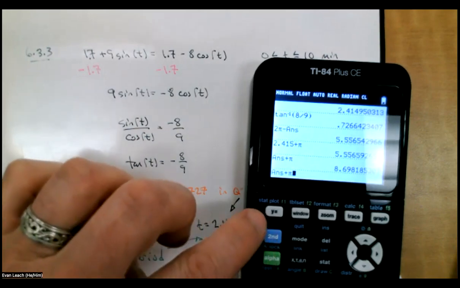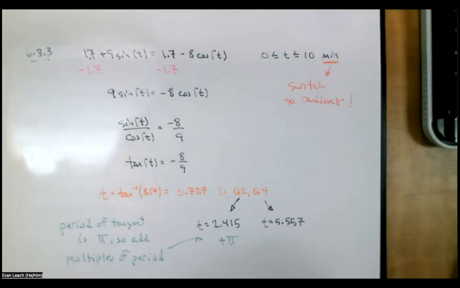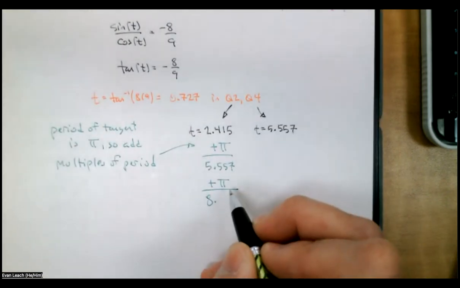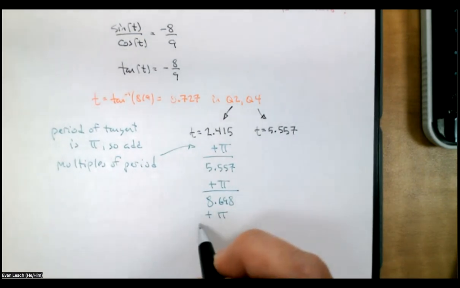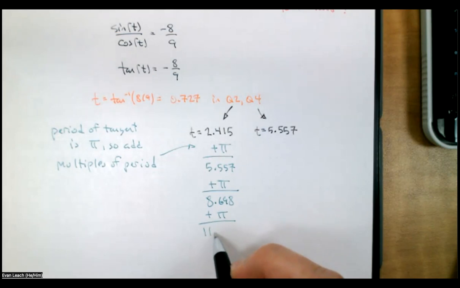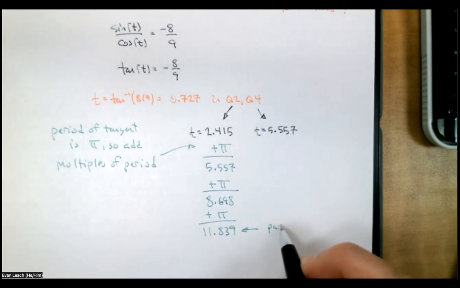If I add pi one more time, we're at 11.840, but this is past 10, so we don't care. They only went for 10 minutes.